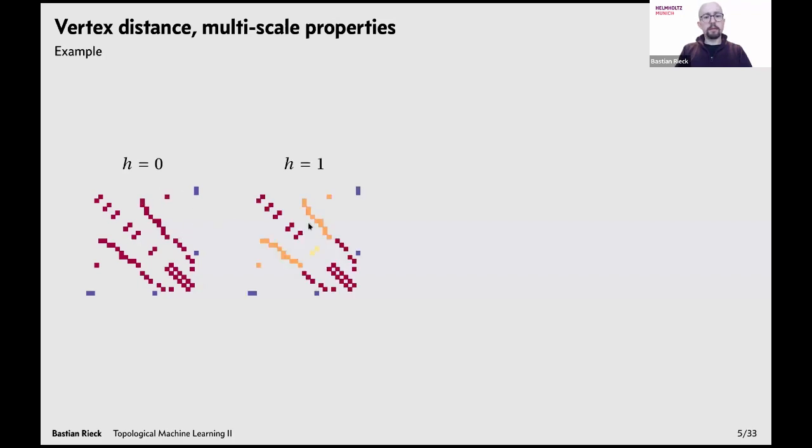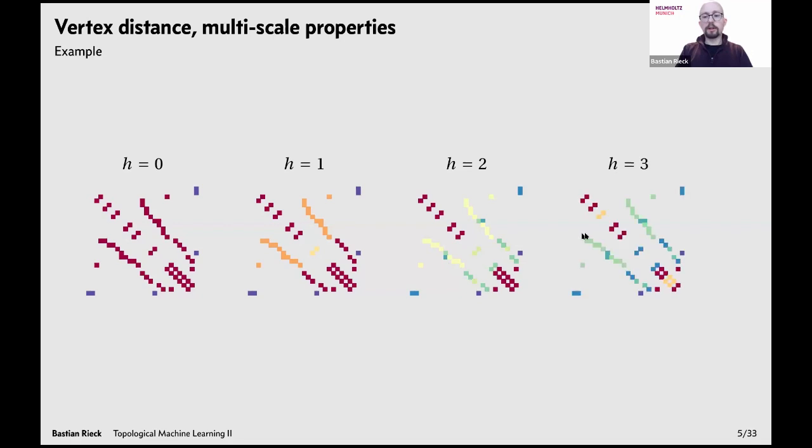If you do a little bit more, you can see that some of the vertices, and by the way, I should say, I'm showing heat maps here, I'm showing the distance matrices essentially, become a little bit different in terms of the distance. And if you go deeper, you find that there are even more of these different structures. And with 3 steps into the graph, you find that there are even more distinctions between individual vertices.